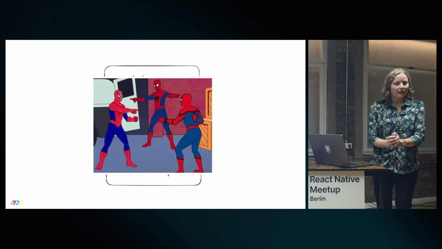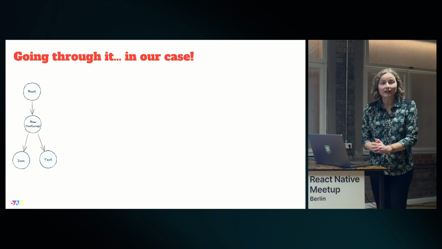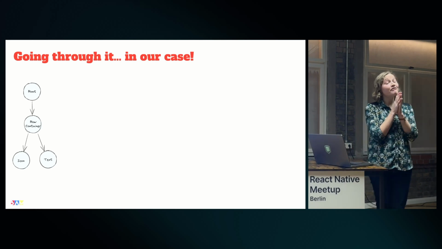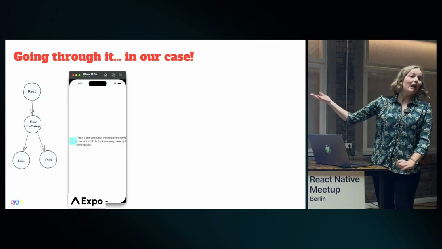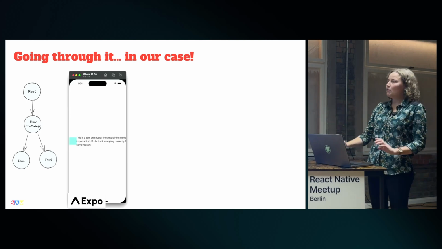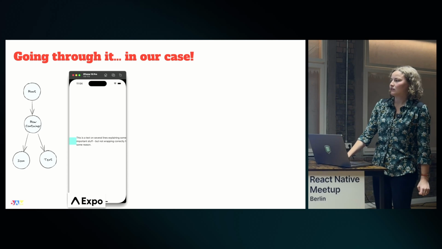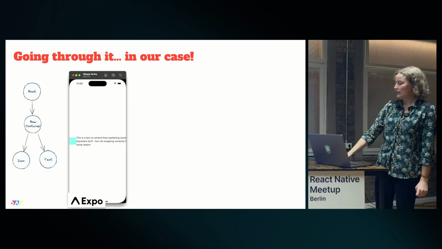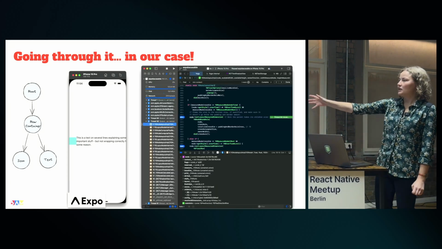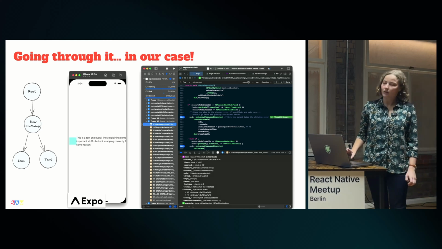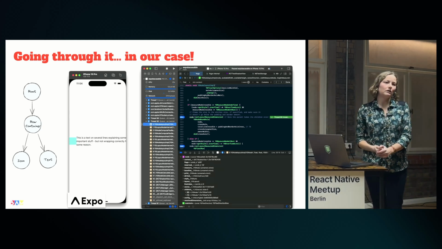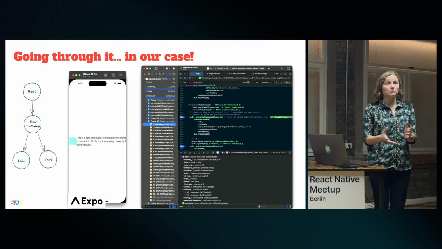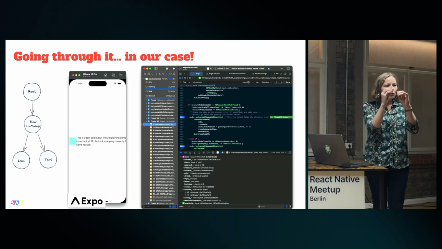So let's take things quietly in our baby case with only 4 nodes, and on our baby app with only 3 components. And yeah, thanks Expo for the template. And then I connected it to Xcode, and I put like 100 breakpoints in the native code, in the C++ code actually, to see, okay, what are the values?